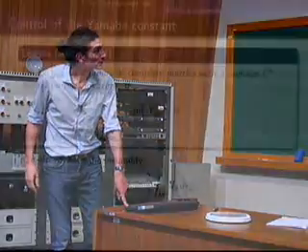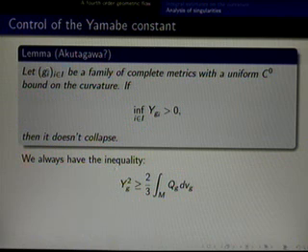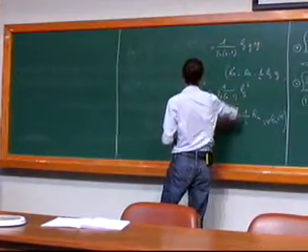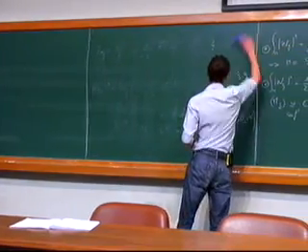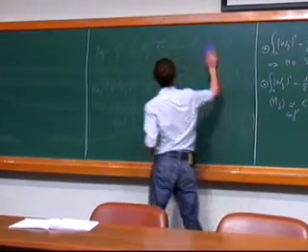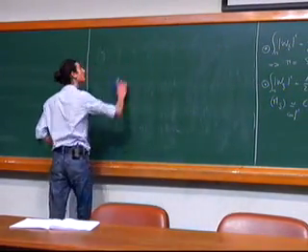So to see that, we will use that we always have this inequality. So I try to explain it. The left side is the Yamabe constant squared.